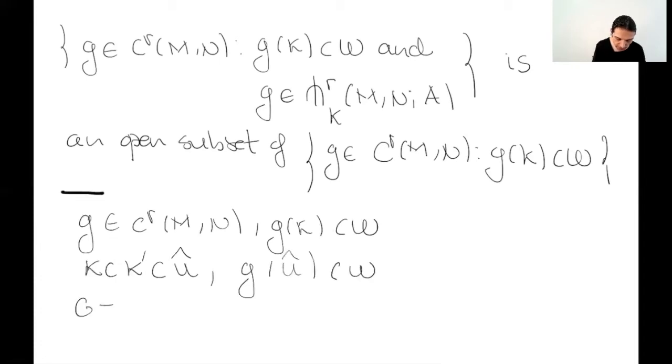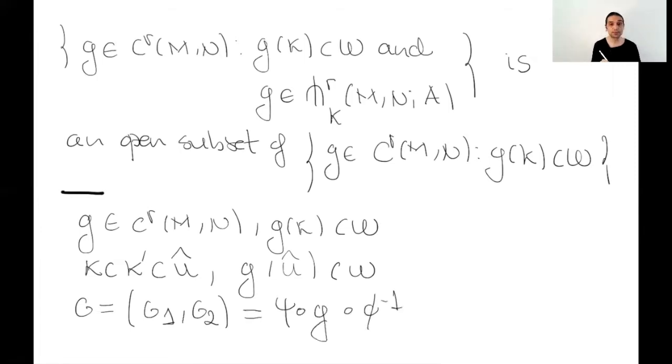Okay, and we have this map capital G, which is capital G1, capital G2, which is just the local expression of small g in the charts phi and psi, right? And the issue is that in the points that are in the preimage of the zero vector by G2, G2 is not necessarily a submersion, okay?